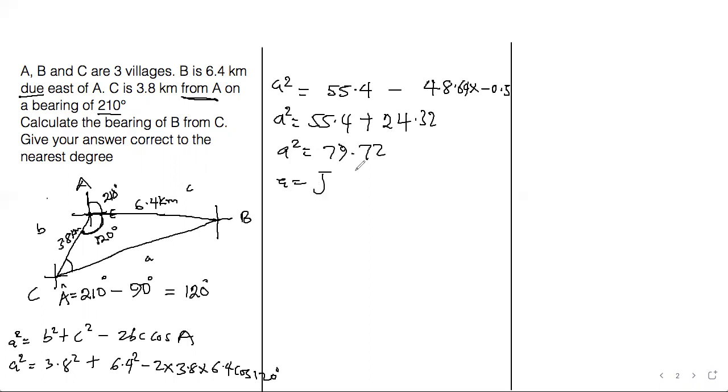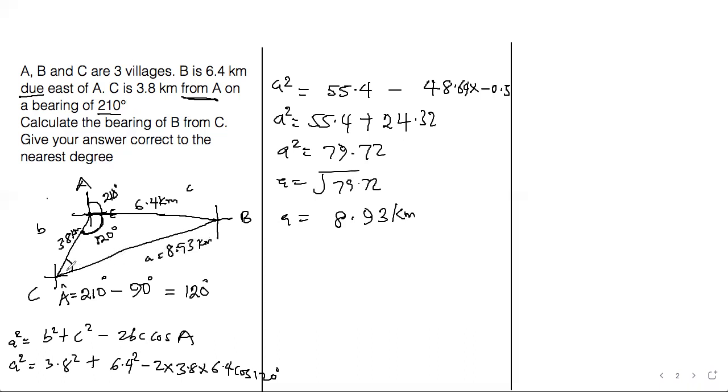So a will be the square root of 79.72. And a will be 8.93 kilometers. So now we have a as 8.93 kilometers. So we can then use that.